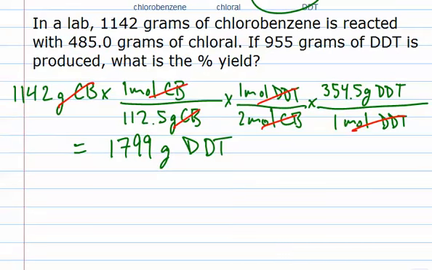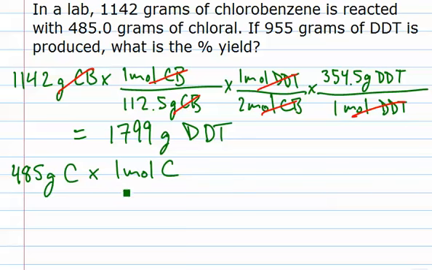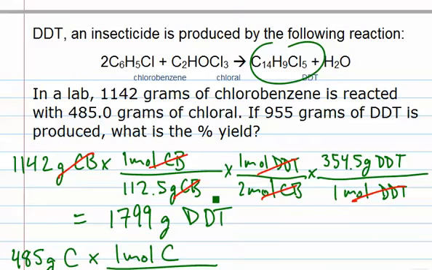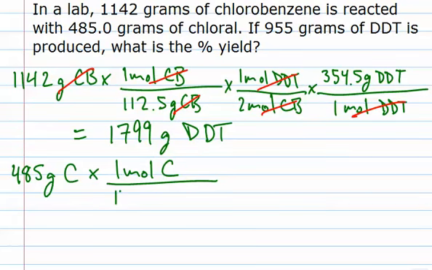We're going to repeat this calculation for our mass of chloral. So we take 485 grams, I'm just going to call that C, times 1 mole of C per, in this case, the molar mass for chloral, 2 carbons, 1 hydrogen, and oxygen, and 3 chlorines gives us 147.4 grams of C per mole.